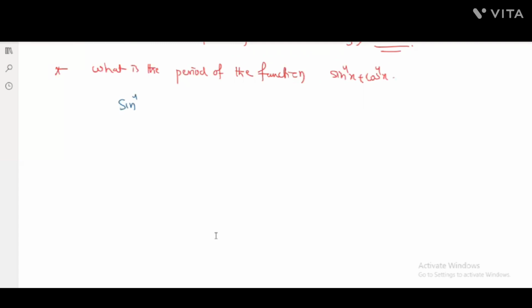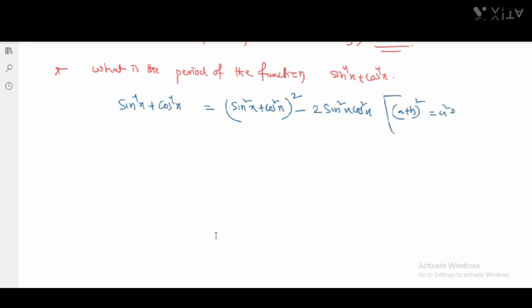What is given is sin power 4 x plus cos power 4 x. We can write this as sin square x plus cos square x, whole square, minus 2 sin square x cos square x. According to the formula, a plus b whole square is equal to a square plus b square plus 2ab. So from here we take a square plus b square as a plus b whole square minus 2ab.